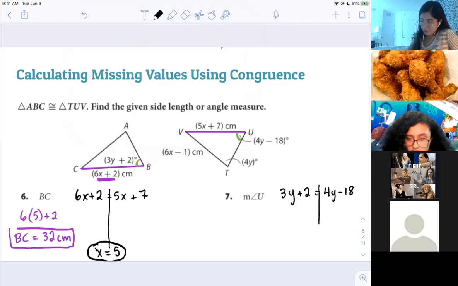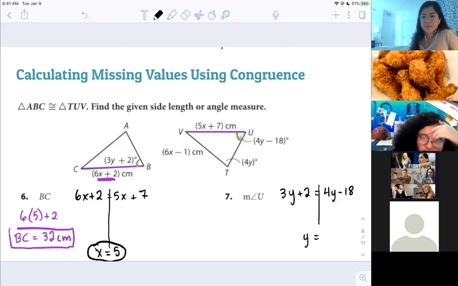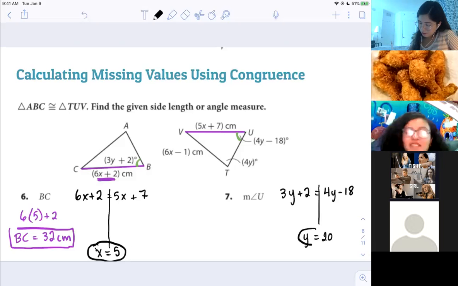And when you solve, what do we get for y? You should get y equals 20.